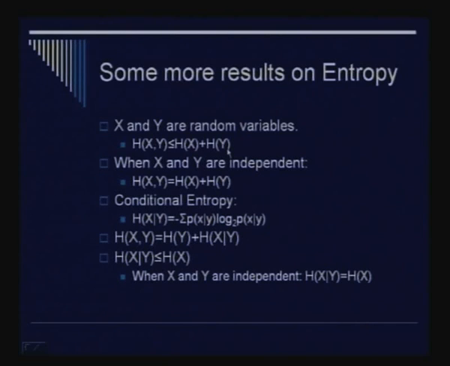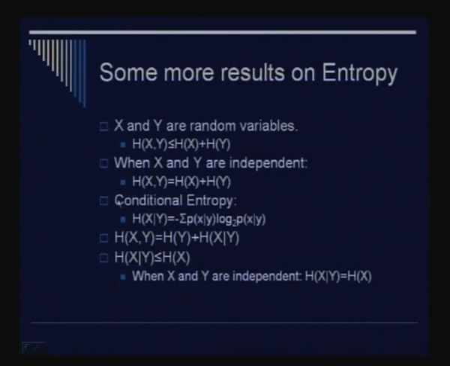H(X,Y) is equal to H(X) plus H(Y given X), and H(Y given X) is less than or equal to H(Y). Therefore you obtain this inequality. Do all of us see that?